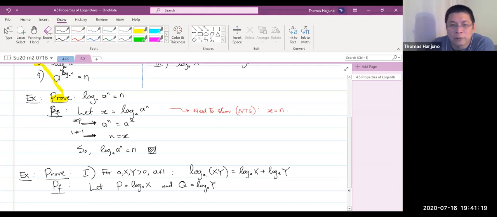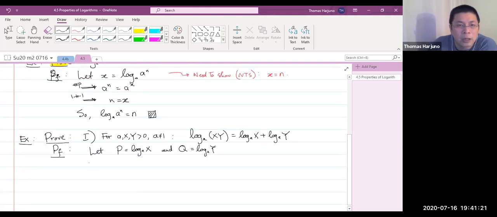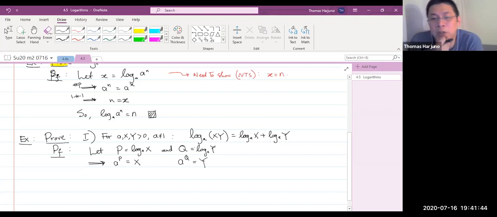Let's call it that way first. Now, that's a log form, so I change each of them into exponential form. a to the p equals x, and a to the q also equals y. Right? That's a consequence. Basically, rewrite them into exponential form.